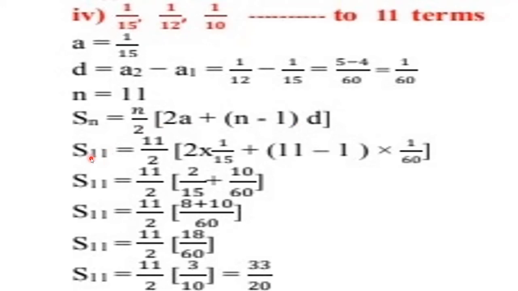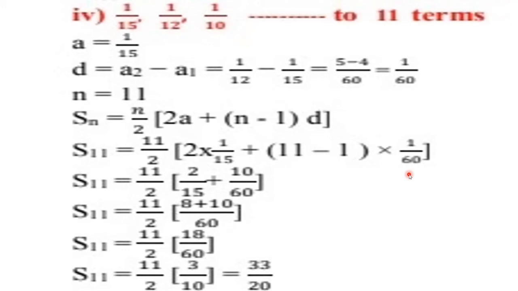Now, I already know the n value, therefore S11 is equal to 11 by 2 into 2 into, what is the a value? 1 over 15, plus, what is the n value? 11 minus 1, n minus 1 will be 11 minus 1, into the d value, which is 1 over 60.